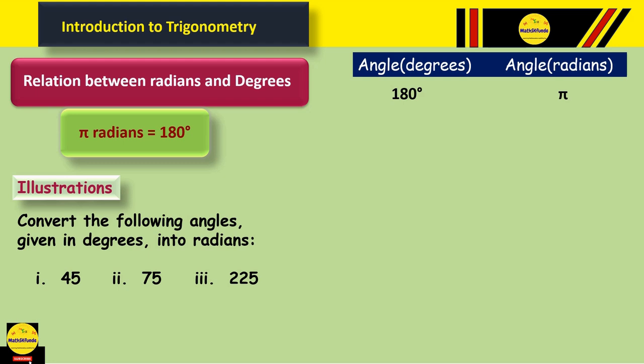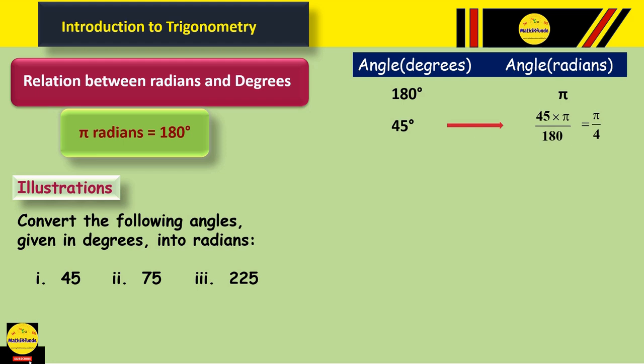So 180 degrees equal to pi radians. Now I'm using the formula pi radians equal to 180 degrees in the other way. 180 degrees equal to pi radians, and then 45 degrees is how much? So by unitary method, we know how to write it. 45 into pi upon 180. You can make simplification and you get the answer as pi by 4. So 45 degrees is pi by 4 radian.